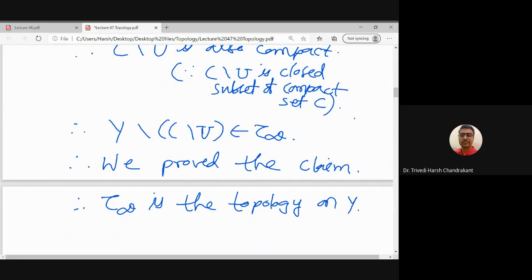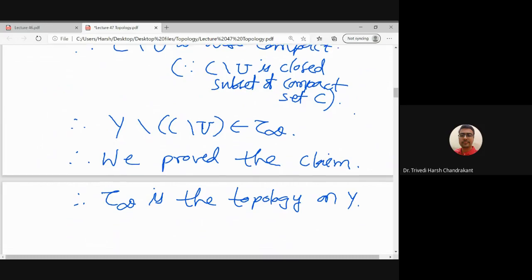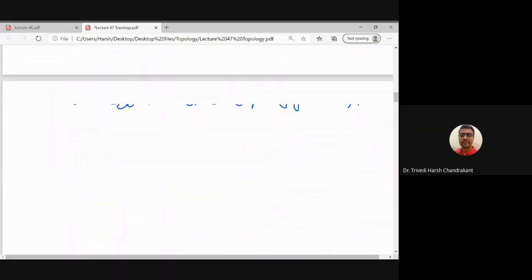The question is that since our X is locally compact and Hausdorff, whether Y is locally compact and Hausdorff with respect to this topology tau infinity. So that is the next question. And another question is whether this topology is the subspace topology.